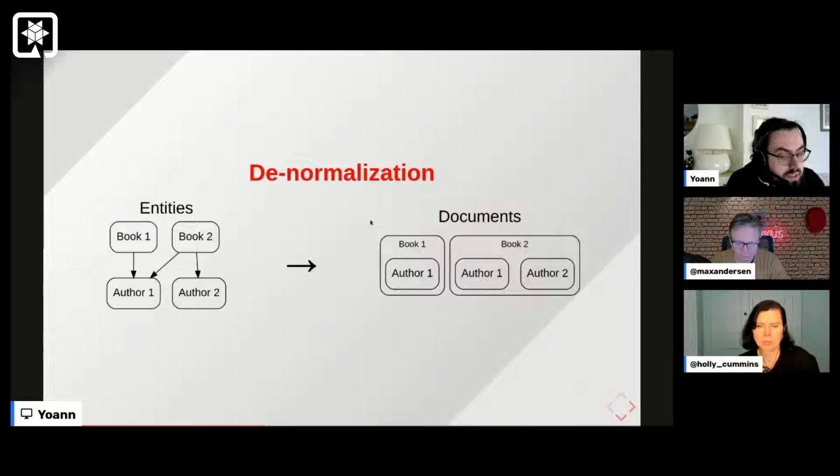One of the main problems it handles is denormalization. Because in your database, everything is normalized. You have a table for your books, a table for your authors, and you won't duplicate the data about one author just because he authored multiple books, right?